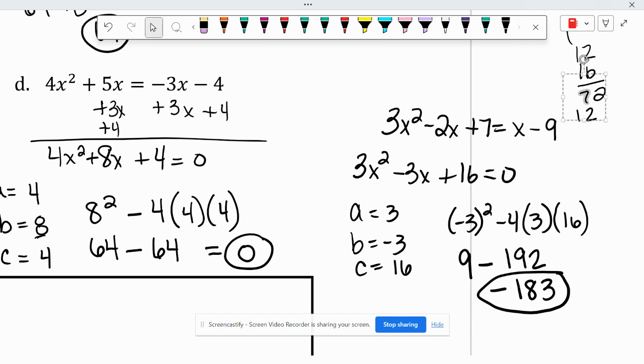Toby, what'd you get for the discriminant value? You don't know? Okay, I'll give you another minute.